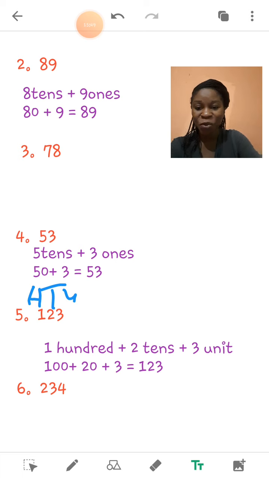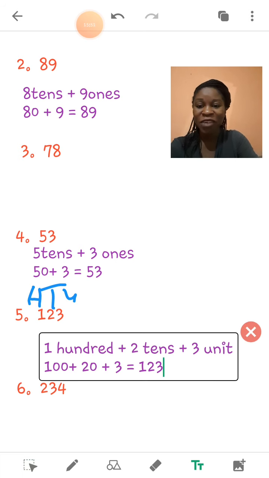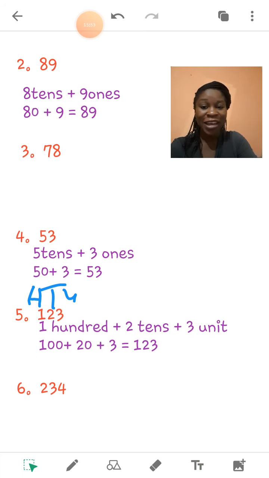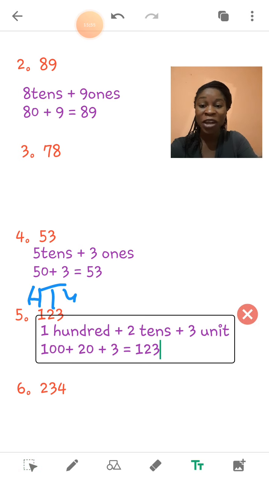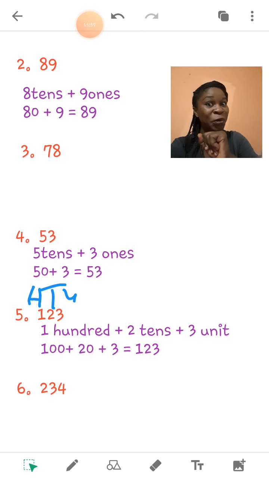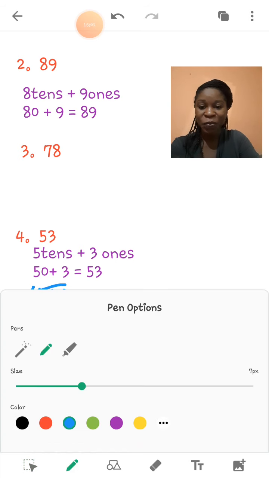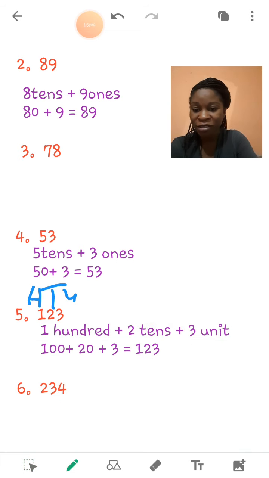Now let's try the last one together. We have 234. It's quite easy. It's nothing difficult unless you don't try it. So I don't want to hear it's difficult. No, it's easy. First of all, we identify our unit, tens, and hundreds.